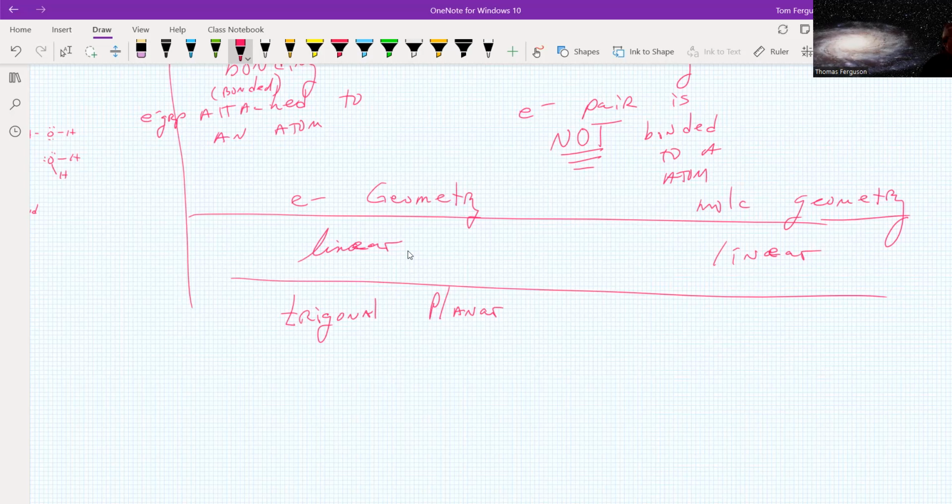Okay, if the electronic geometry is trigonal planar, we have two possibilities of molecular geometry.